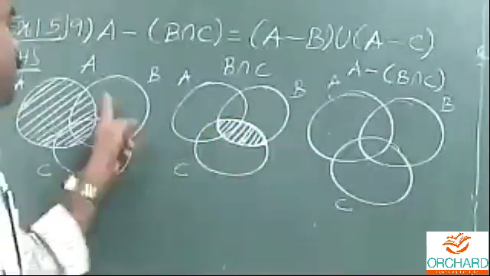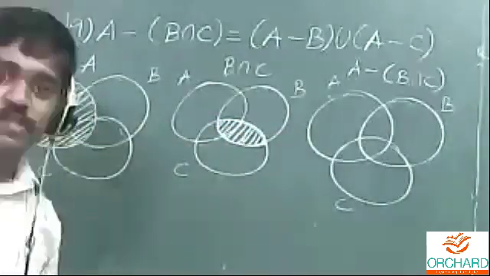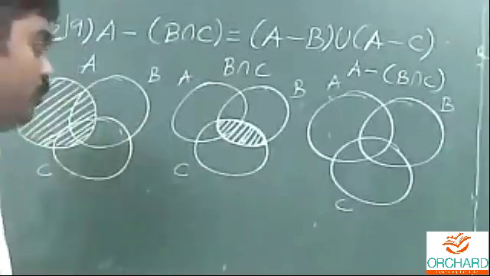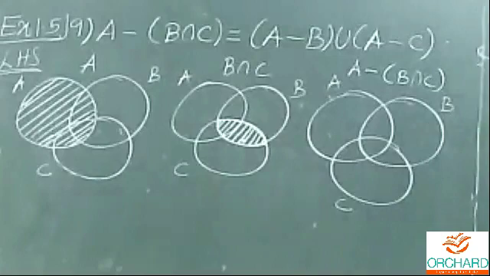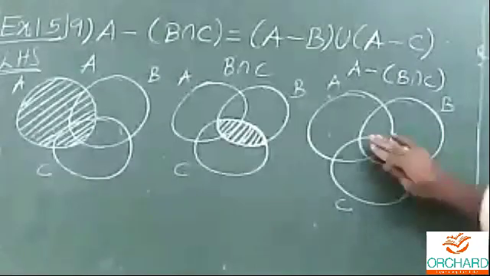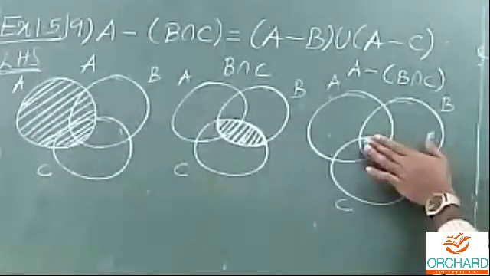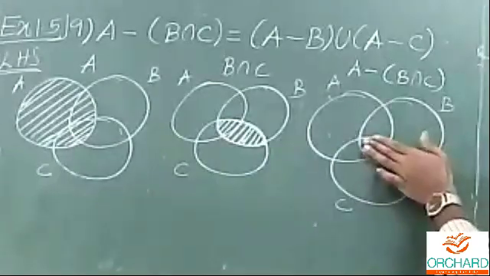Next, A difference B intersection C. What does difference mean? To remove B intersection C from A. This is your B intersection C. You can hide this part alone. Then shade the remaining portion. This portion alone is empty, no need to shade it; shade the remaining portion.